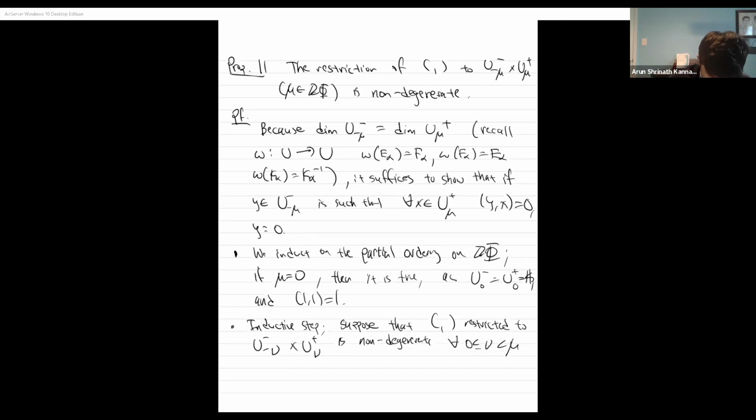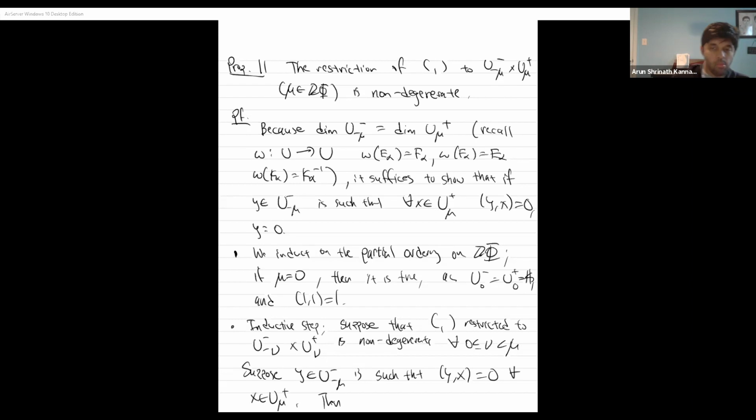So suppose y in u minus mu is such that y comma x equals 0 for all x in u plus. Right, so we'll assume this on y.